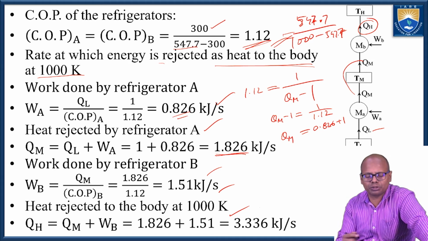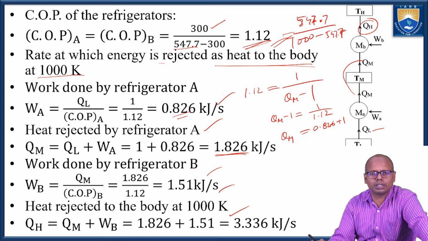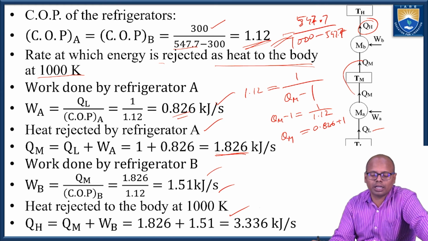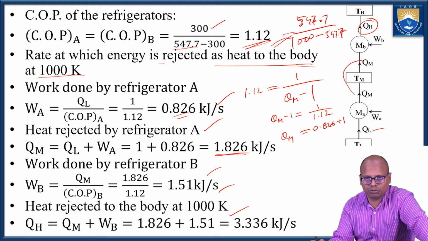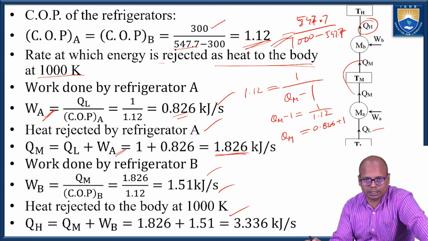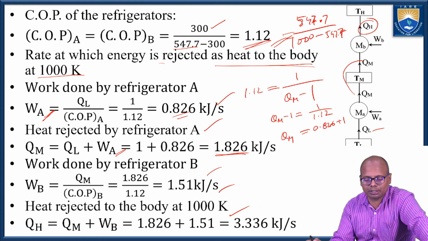So we should not get confused about why in the textbook they have given it like this. Either I can use the formula of COP directly, or I can find the work and then find the heat rejected. Either way I will get the same answer.